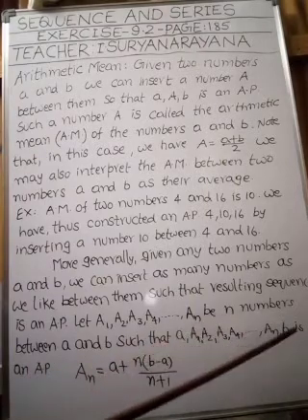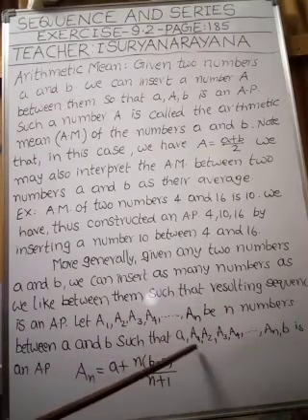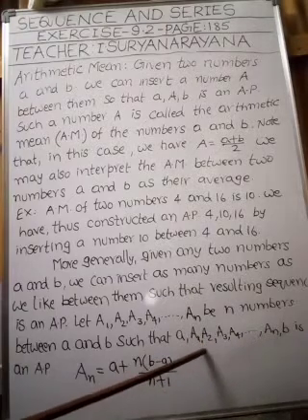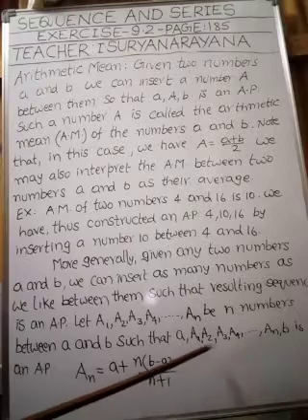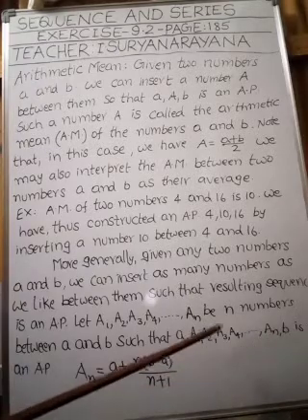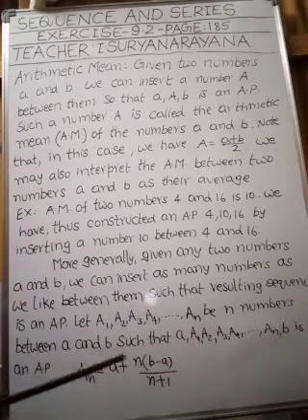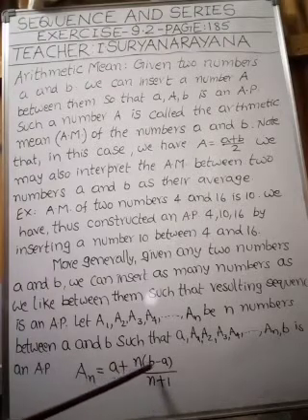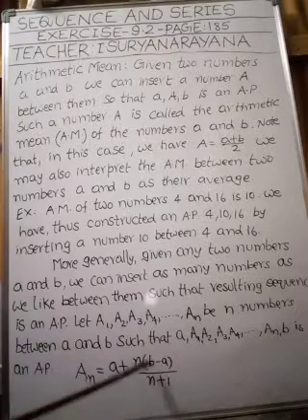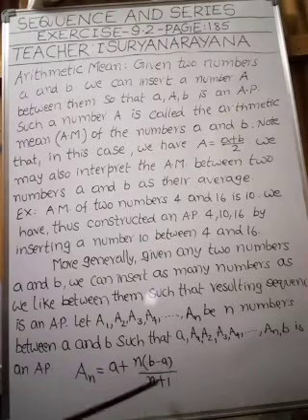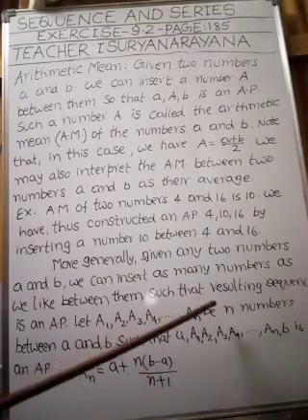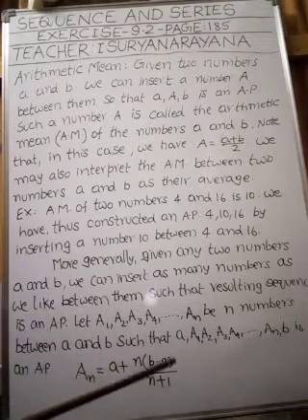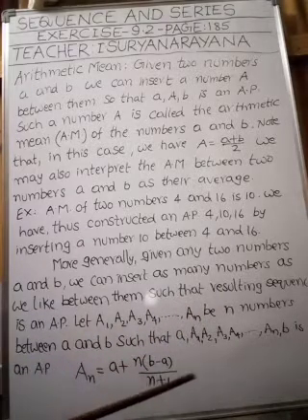How many numbers were inserted between a and b? n numbers. Therefore, An is equal to a plus n into b minus a by n plus 1. By using this formula, we can insert as many numbers as you wish between the given numbers. Understood this point, my dear children?